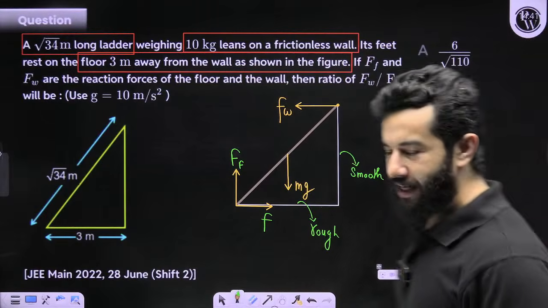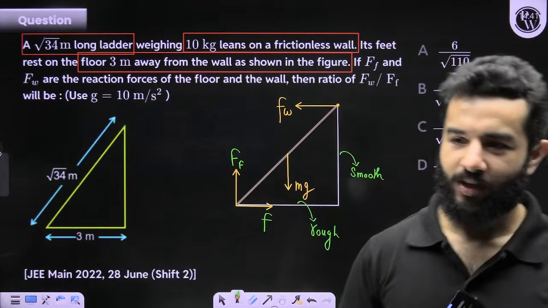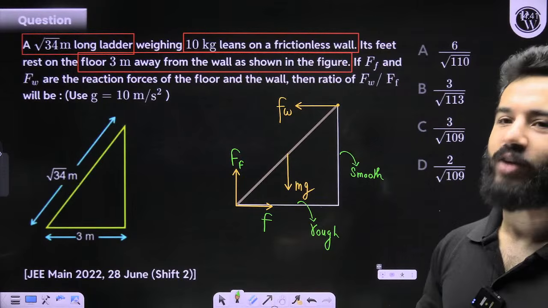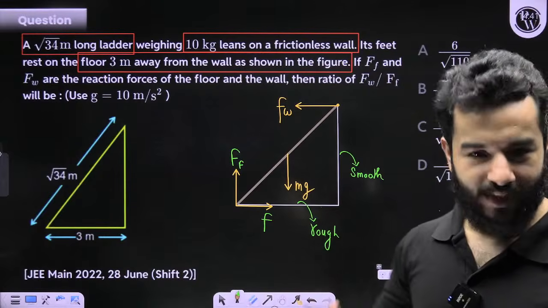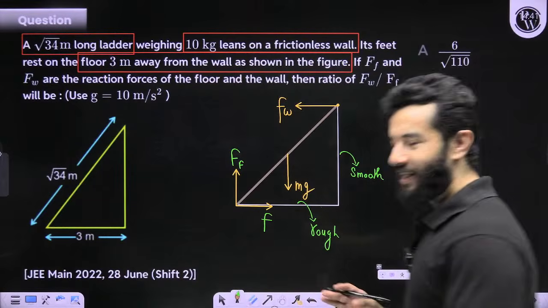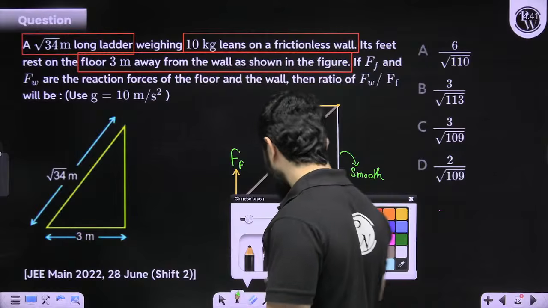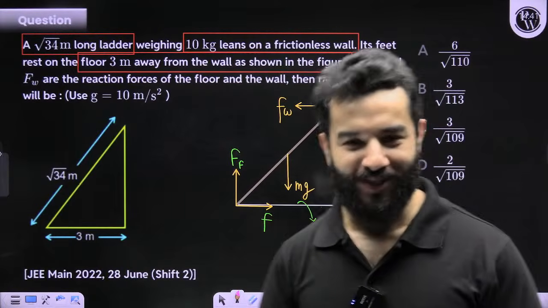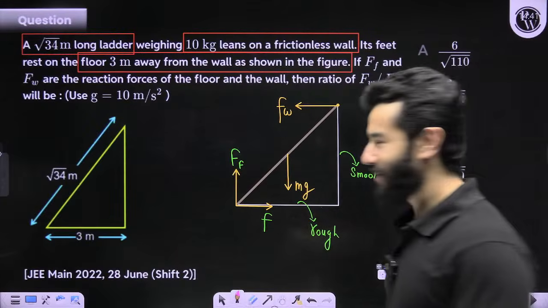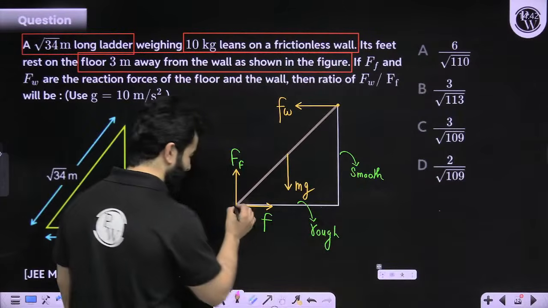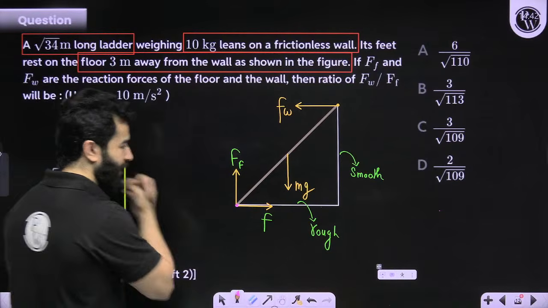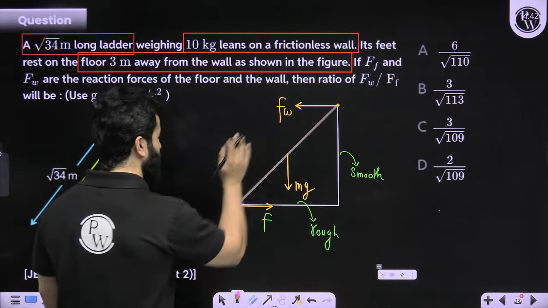Fine, very good if you are not using Google. I'm not saying you're using Google, but in any case you cannot find the answer for this question in under 5 seconds. If you can solve the question in under 5 seconds, then I should be the one learning from you guys, not the other way around. Okay? Now please see. First of all, we are going to do two things.